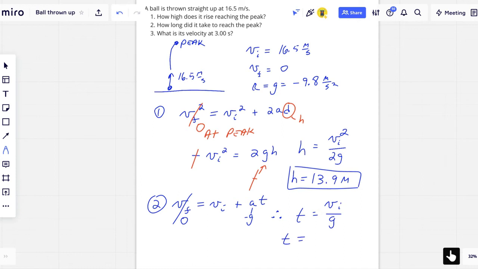So this is the time to the peak. When we do this, 16.5 divided by 9.8, we get 1.68 seconds. Okay.